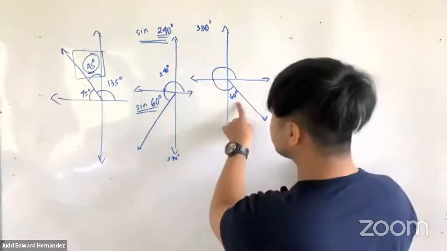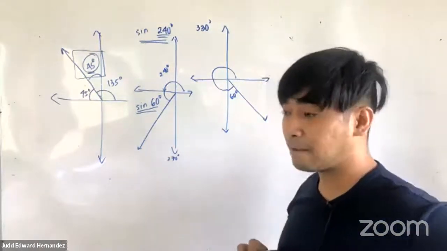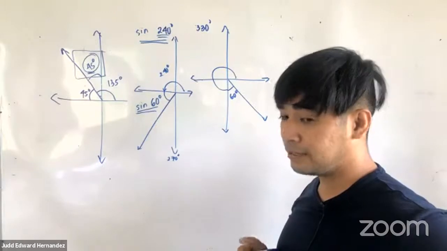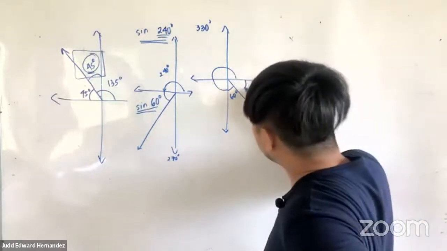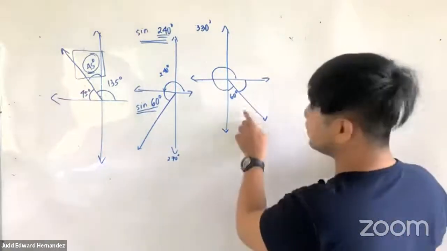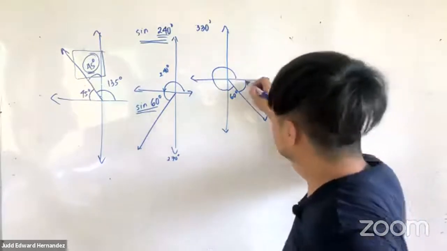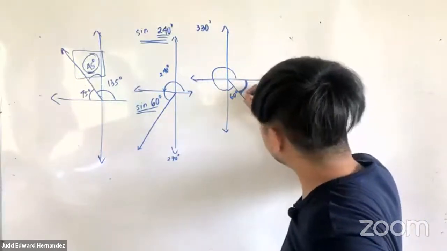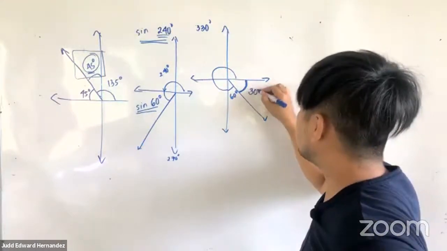Okay. So since this is 60 degrees, is the reference angle equal to 60 degrees? Hindi po. So ilan dapat yung reference angle natin? Yung natitira dapat dito, since this is between the x-axis and the terminal side. At ilan dapat yung natitira na yon? That is 30 degrees.